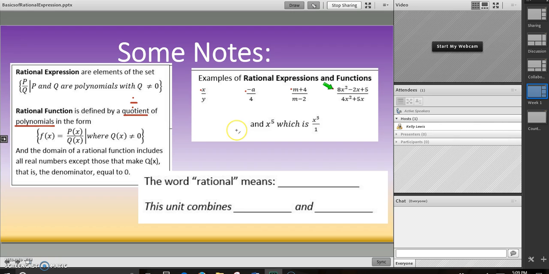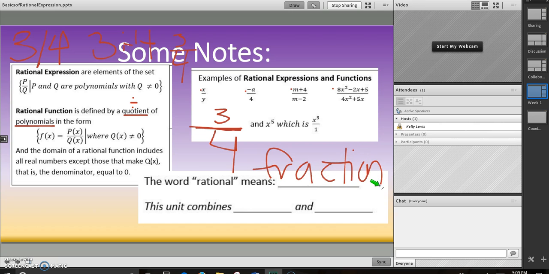And a quotient is a fraction. So think of a fraction like 3/4. This is a division sign. You can go 3 divided by 4, or 3 over 4. So that's all kind of fractions. And the word rational means fraction.